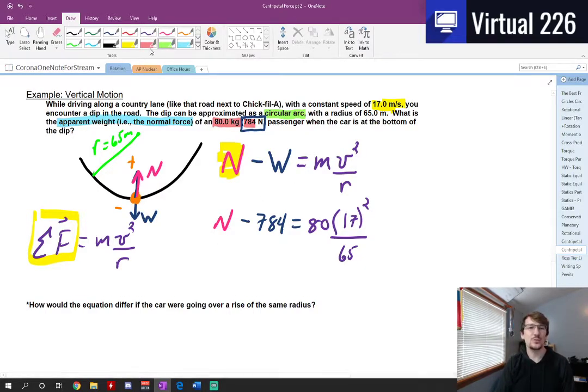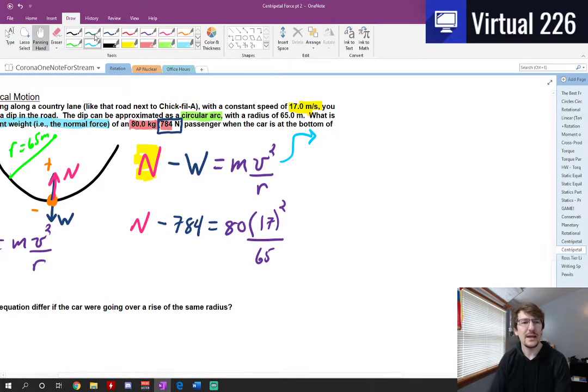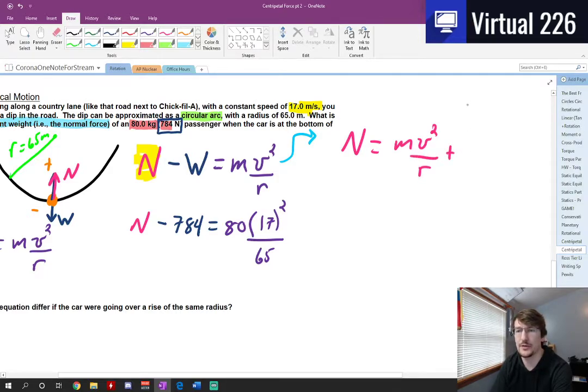I actually really quick want to set this equation up without any of the numbers just to take a look at something. I'm just going to add the weight over to the other side. So the normal equals mv squared over r plus the weight.